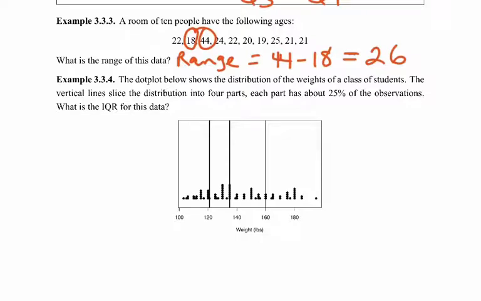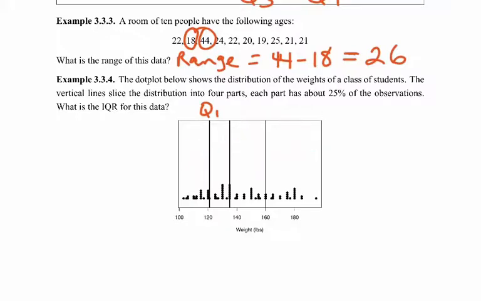So what does that make this? Well, this first cutoff would be your Q1, your quartile 1. So 25% of the data is below that in this interval. 25% is here, 25% is here, and 25% of the data is here.